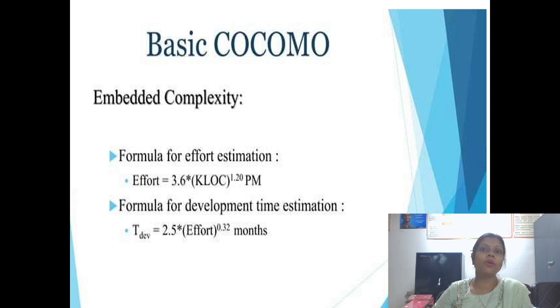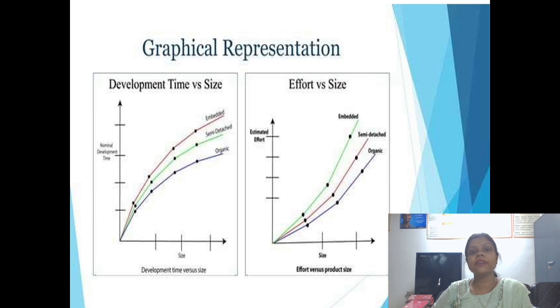In organic, a small project, similar types of projects produce an organic project. Second is semi-detached. In semi-detached, both experienced and non-experienced members were there, and embedded means both software and hardware based projects were there. Okay, here is the graphical representation.